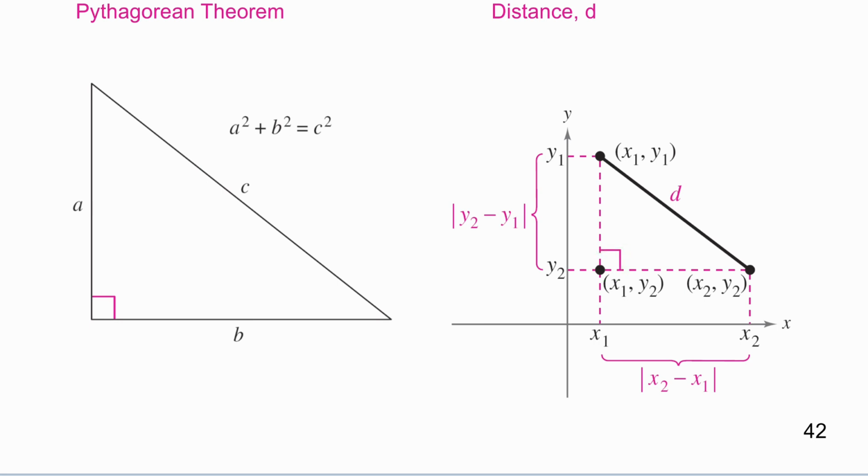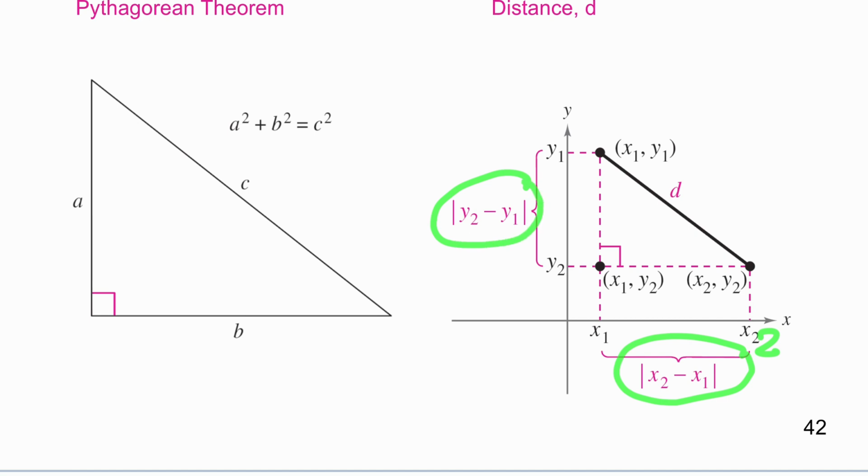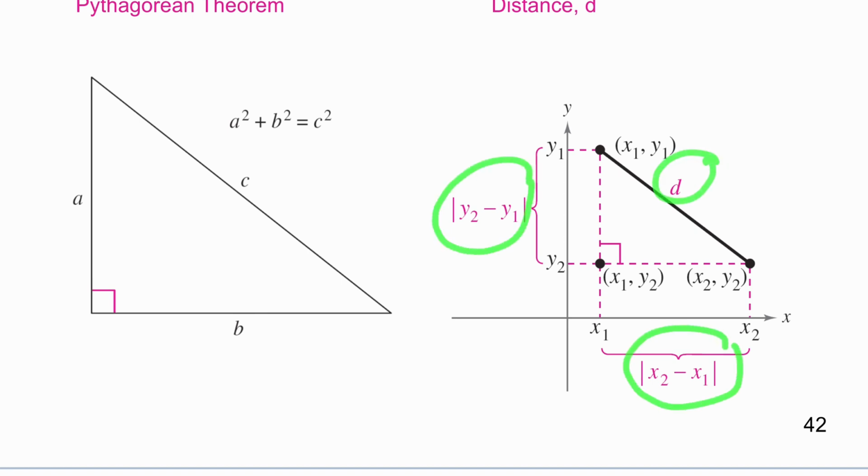So we know we have a right triangle here, and so we can say this squared plus this squared has to equal this squared, and that's exactly what we do. Our distance squared has to equal this squared plus this squared.